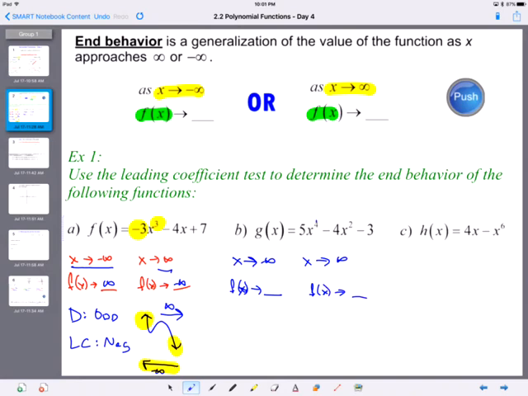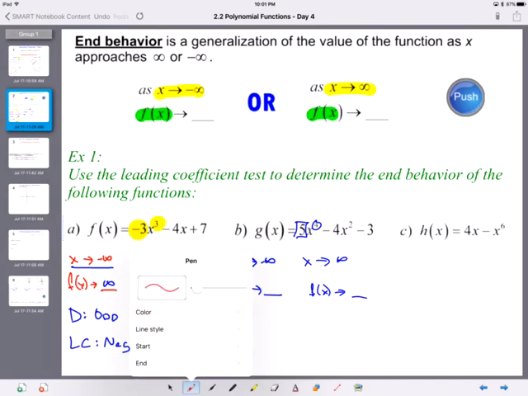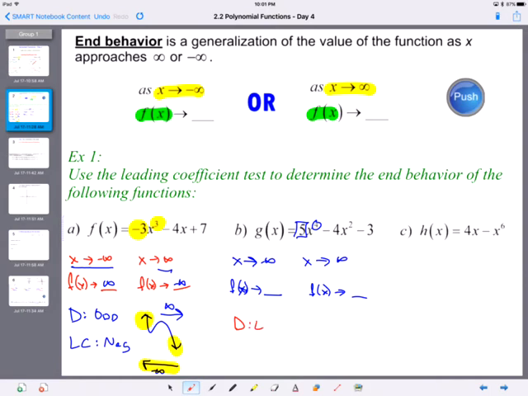So degree is 4, which is even, and your leading coefficient is 5. So once again, degree is even, and leading coefficient is positive.